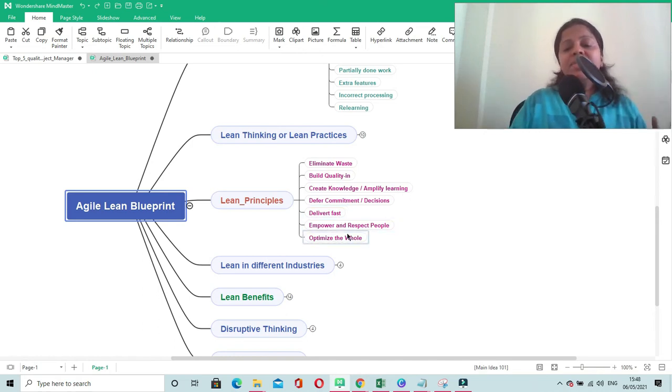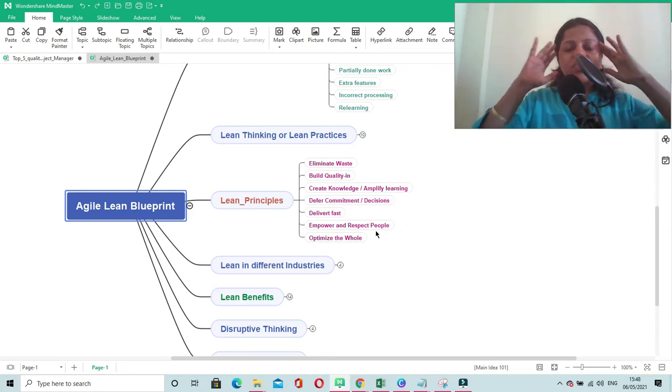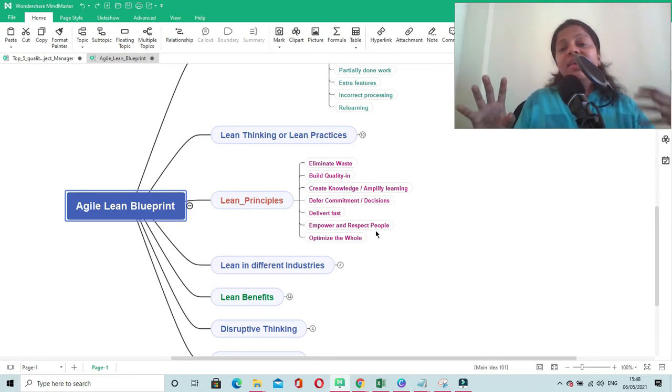The next principle says empower and respect people. So instead of micromanaging your team, instead of micromanaging each and every team member, you provide them some autonomy, some freedom to perform with a free mind so that they will come up with an innovative solution for the problem.